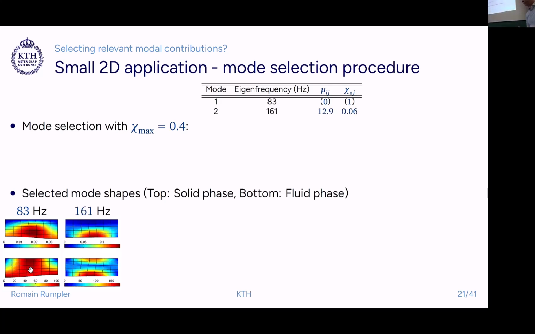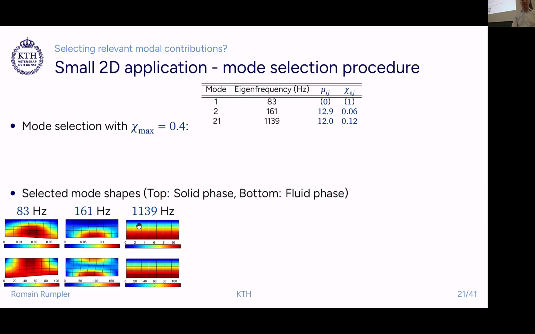And you can see that the first two modes selected for the poroelastic layer were actually the first two modes of the initial eigenvalue problem. The most contributing ones turned out to be the lowest eigenfrequency ones in this case. But then you start to see that suddenly there is this compressional mode that has a big participation to the residue.